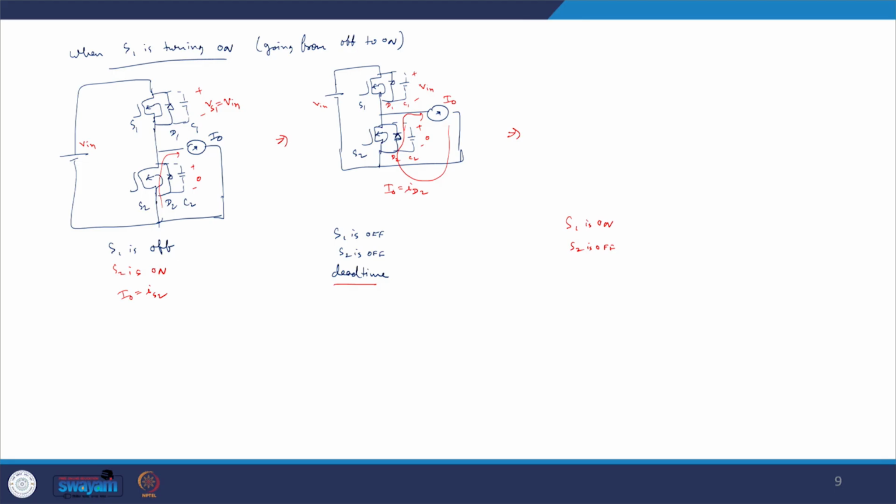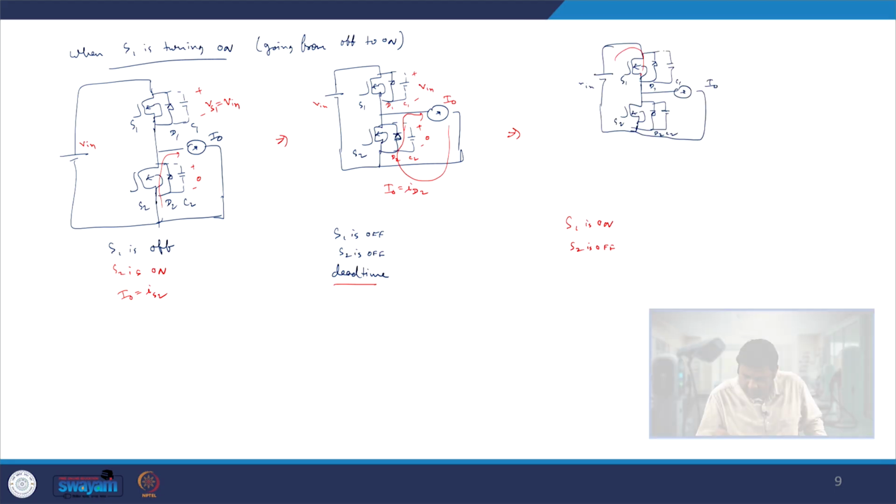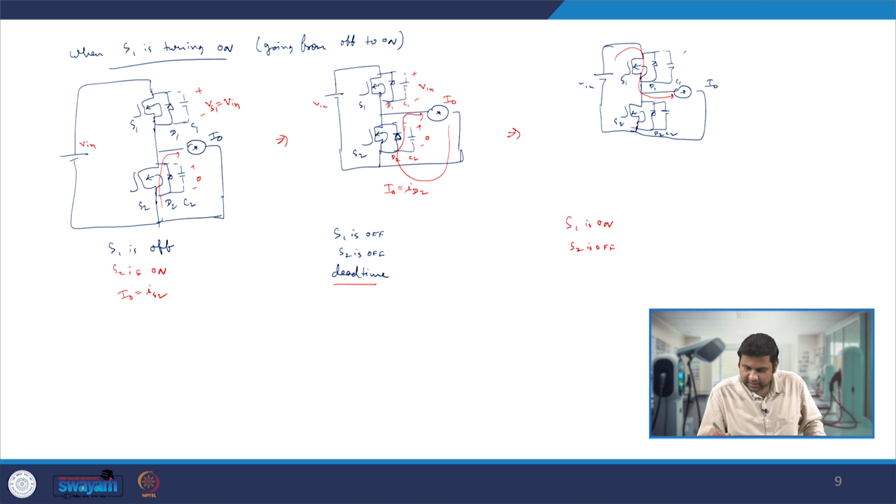So when we give the pulse to S1 to turn it on, C1 will discharge through the switch S1, and the voltage across C1 will go to 0. Suddenly the channel is formed, and the current starts flowing through this, and the voltage across this becomes 0 while the voltage across the other becomes V in.